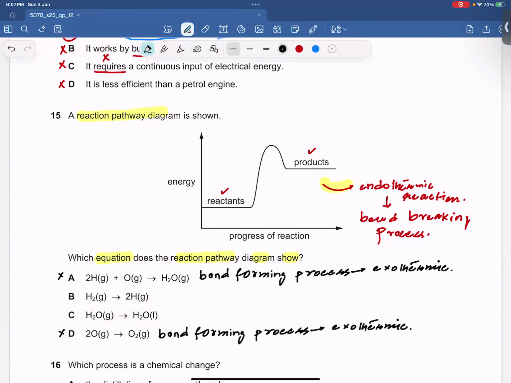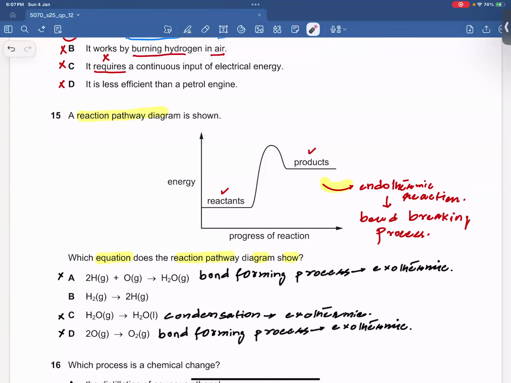So technically, when steam is converted into liquid, this process is called condensation. And condensation is always exothermic, which means this is also incorrect.